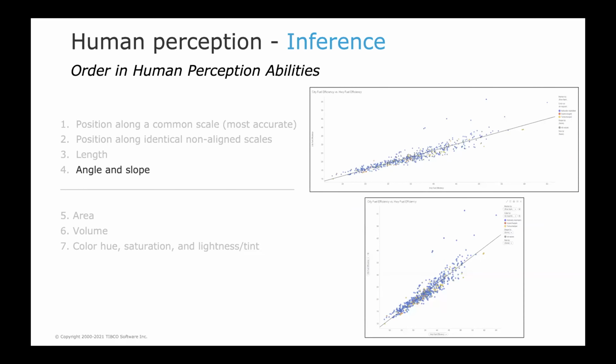Angle and slope. Bill Cleveland, another pioneer in this whole thing, invented this idea of banking to 45 degrees. In this case, we've got city and highway fuel efficiency on the axes, and we're looking at a number of different cars. We've got blue, a certain type of car, and yellow, a different type of car.